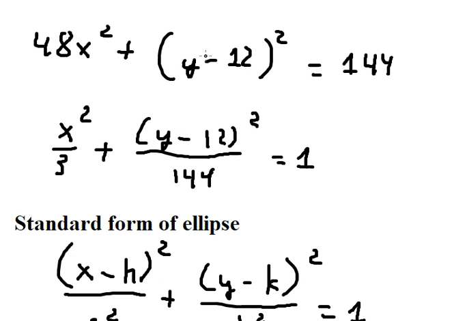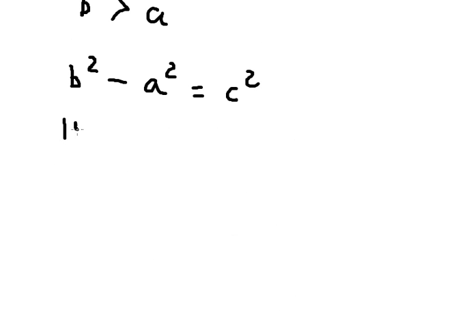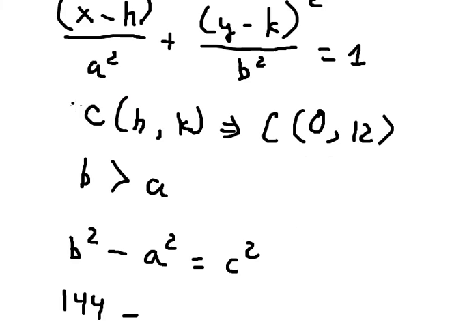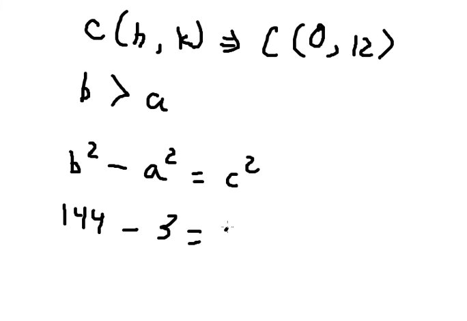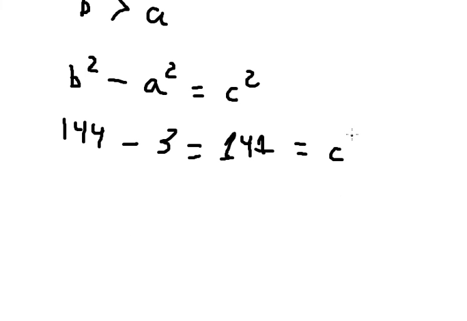So we have 144. A square, that is about number 3. And we have c equals positive and negative the square root of 141.